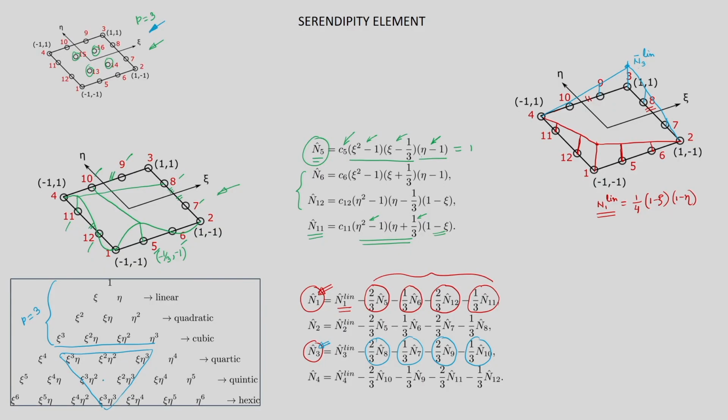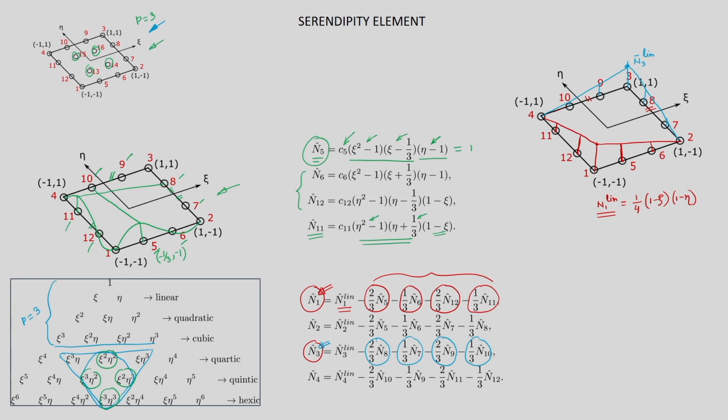Now, in the serendipity element for p equal to 3, we will see that out of these 16 monomials, these 4 monomials can be avoided. So, these 4 monomials can be avoided in case of the serendipity element for p equal to 3.